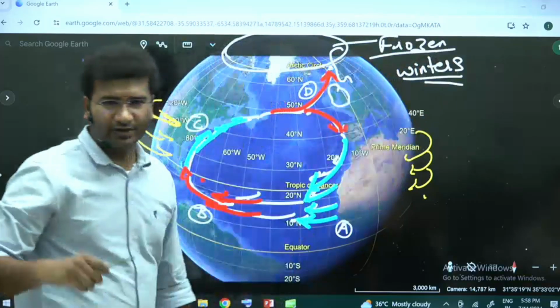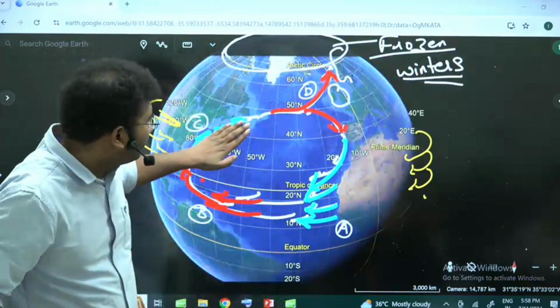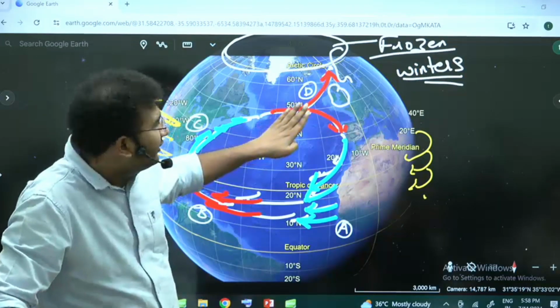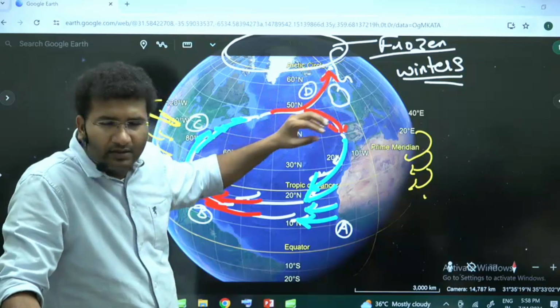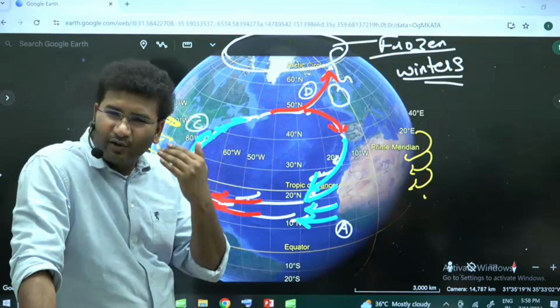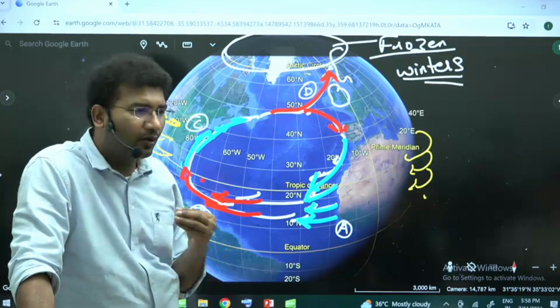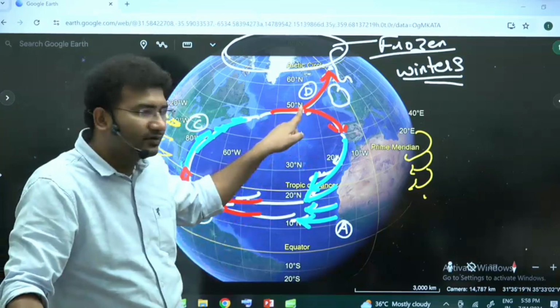I'm talking about Decembers and all. But you still have the warm winds which are moving towards Norway, Finland and the United Kingdom. They used to trade all throughout the year, just because of this current.